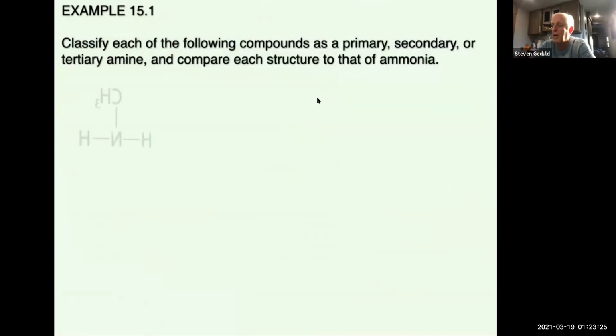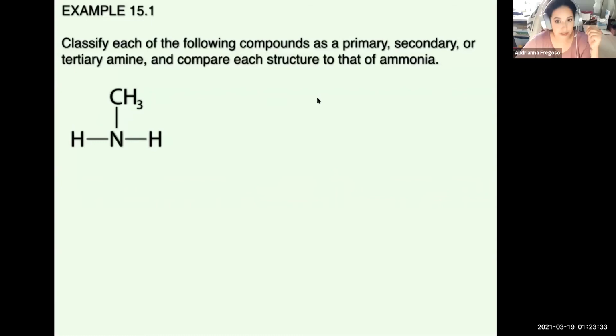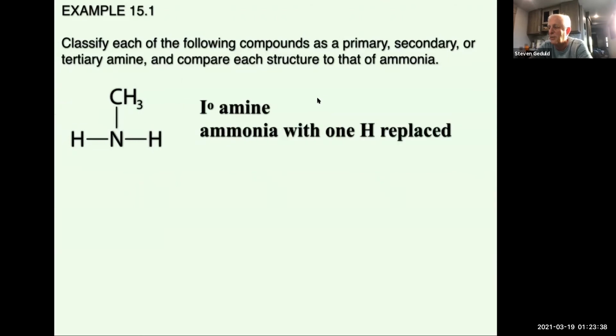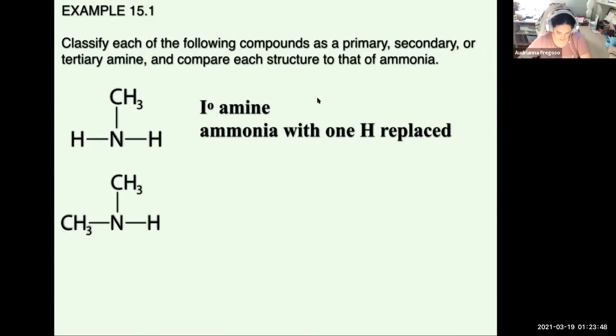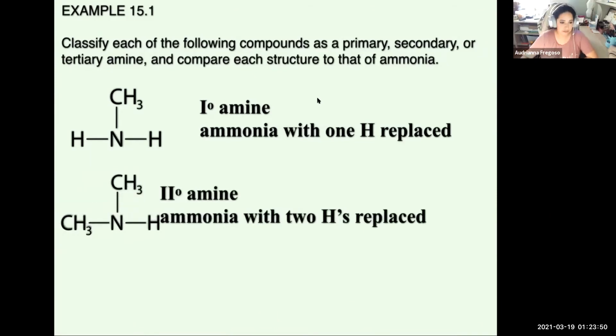All right, what is that? Primary, secondary, tertiary? Primary, exactly. It's got 1 hydrogen replaced by an R group, the methyl group. So that's primary. What's this one? Secondary, perfect.